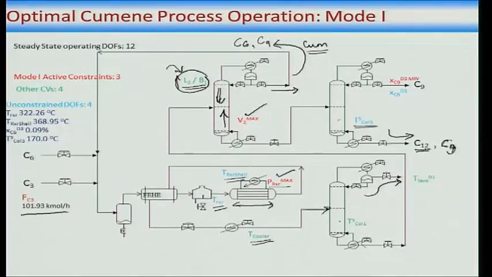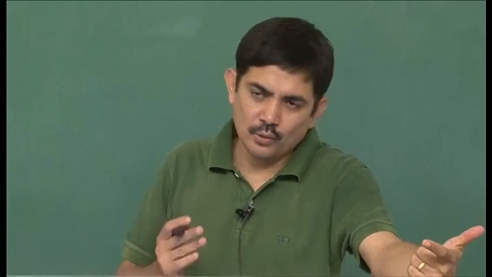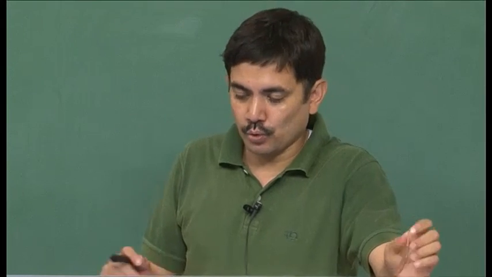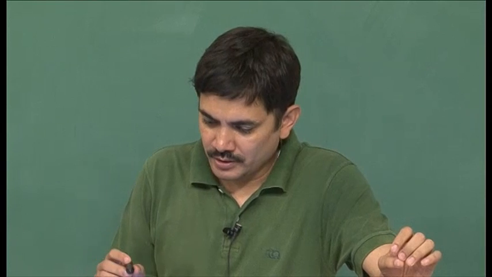So, these two things are economically important, to ensure the right balance between selectivity and conversion. Basically, you want near complete conversion, and you do not want selectivity to be too low. So, I have explained 1, 2, 3, which is the fourth thing.